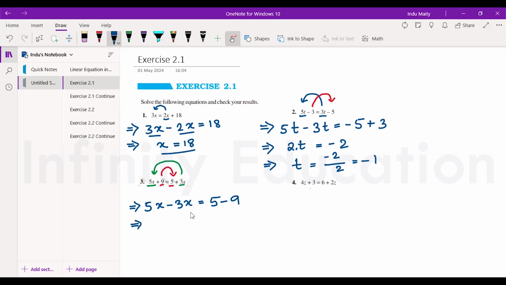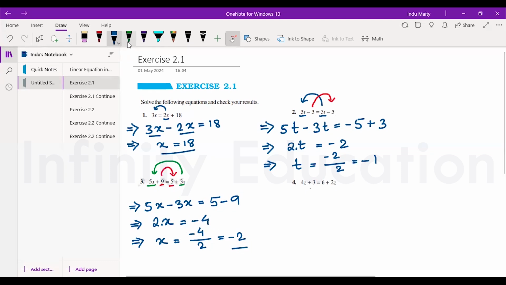So the next line, 5x minus 3x is 2x is equal to 5 minus 9, which is minus 4. Now divide both sides by 2, because 2 is multiplied on the left side, so we will take it to the right side. So it will be negative 4 by 2, which is negative 2. That is the answer to the question.